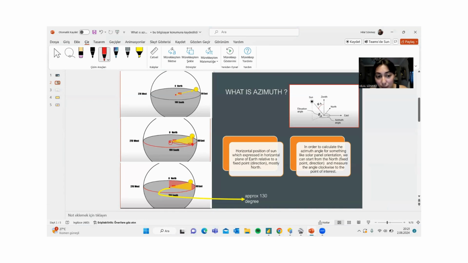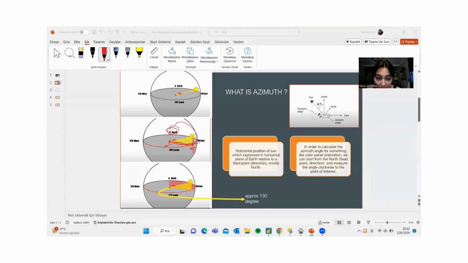The line that unifies that is the end line of our azimuth angle. What we will do next is start from north as a fixed direction, a fixed point. We will start from north and go through to that line, the line that unifies us and the position of the sun expressed in the horizontal plane.